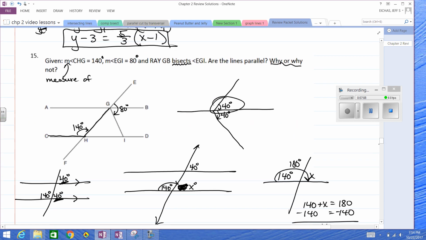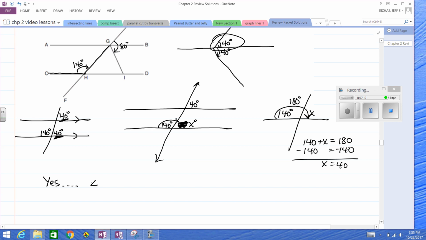We're going to say angle EGI is 80 degrees, the measure of. Okay, so focus on this part. We're going to break down exactly how we did this.